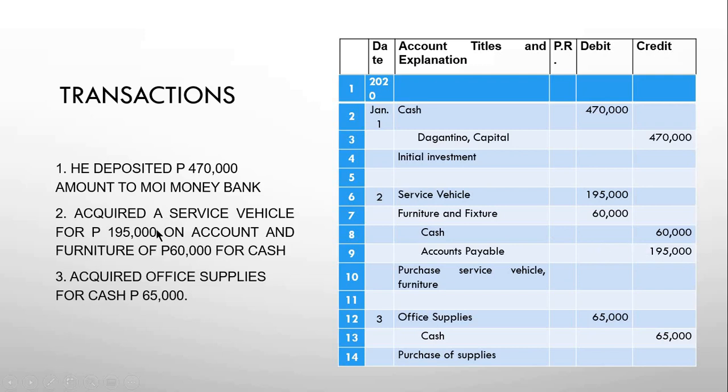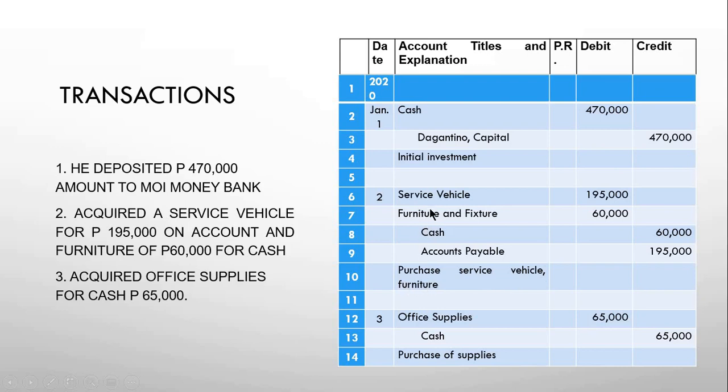Ayan. Pero bumili siya ng furniture din, kaya lang for cash. So, debit furniture and fixture, asset, increase in asset. And credit cash, decrease in asset kasi nagbayad siya for cash. Exchange in asset na transaction ito. Do not forget the explanation: purchase service vehicle and furniture.